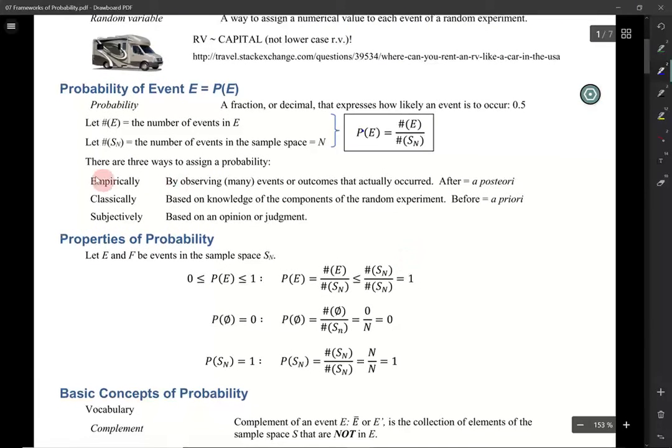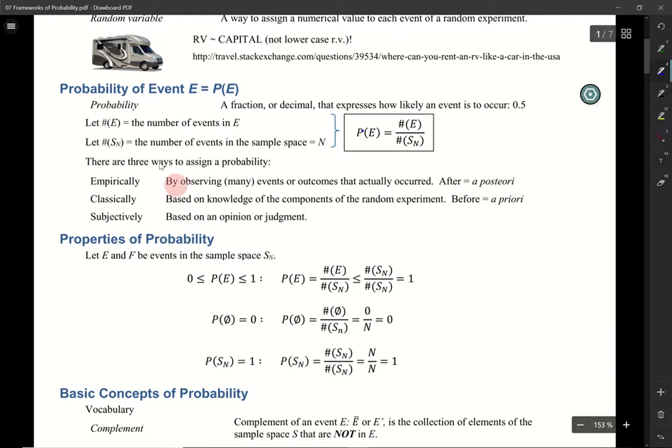Okay, and there are a few ways to assign probabilities. Empirically, we actually conduct an experiment. After you conduct the experiment, then you know what the probabilities are, or you can estimate the probabilities. Classically, if you study the components, you may be able to assign probabilities a priori, or ahead of time before you even begin.